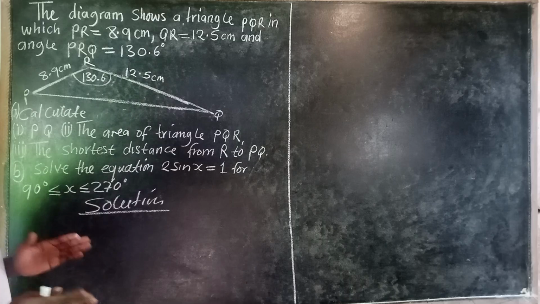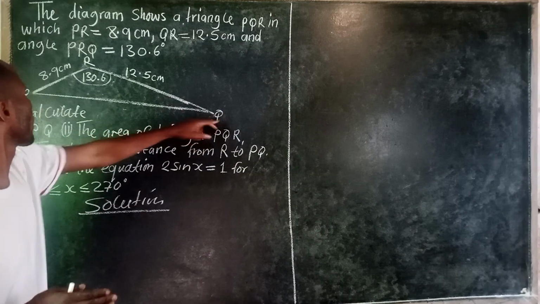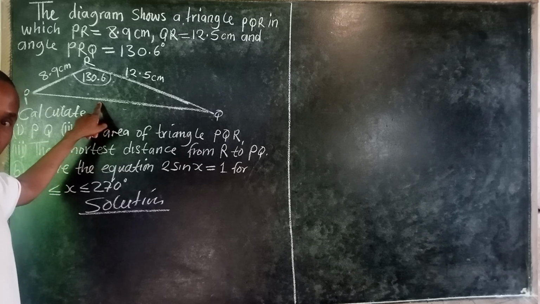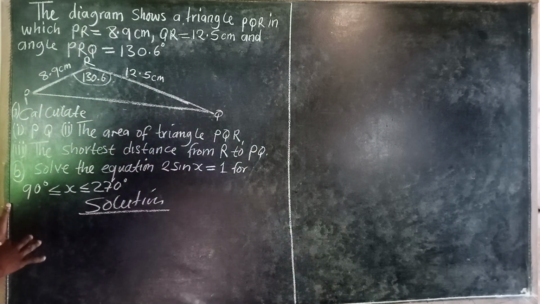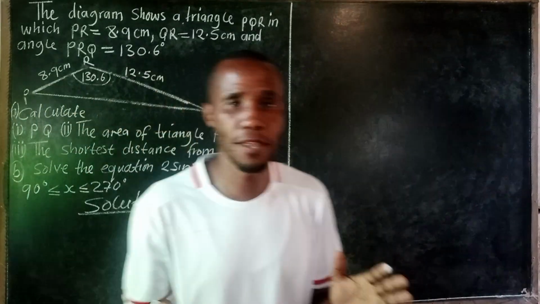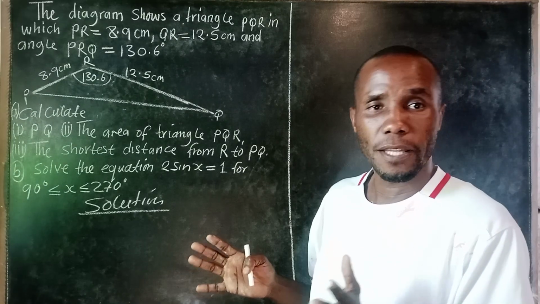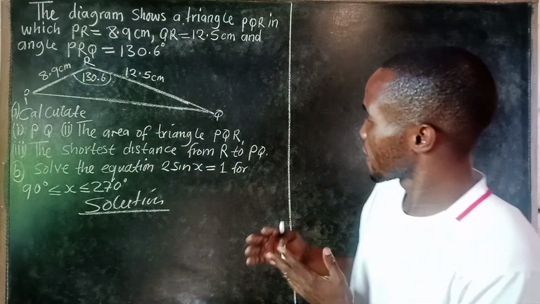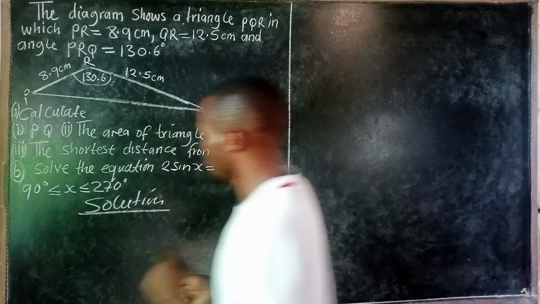So this PQ is the small letter r. In the formula, we are using the same letters that we have here. Before I introduce those letters, let me first use the simplest letters, the letters that start in alphabetical order, which are A, B, C. So let me start with that.